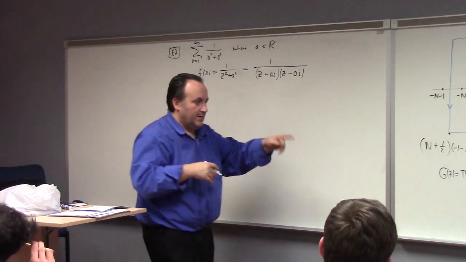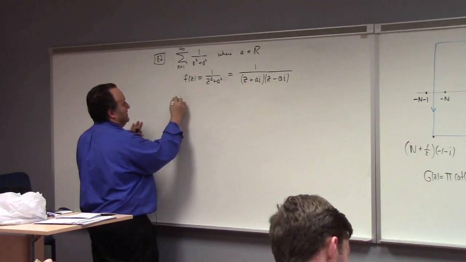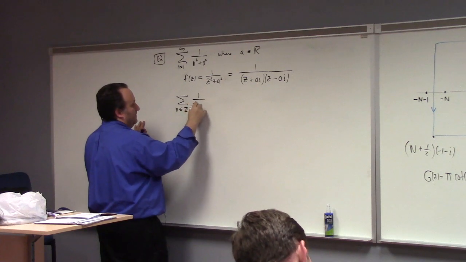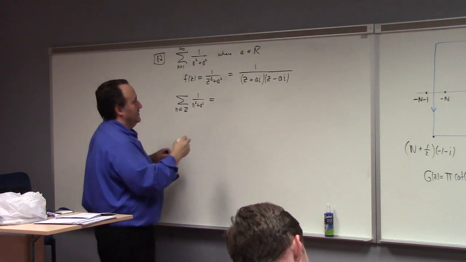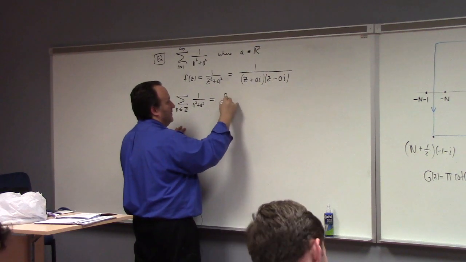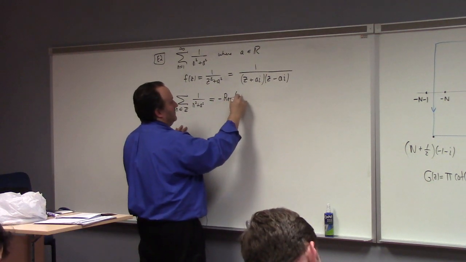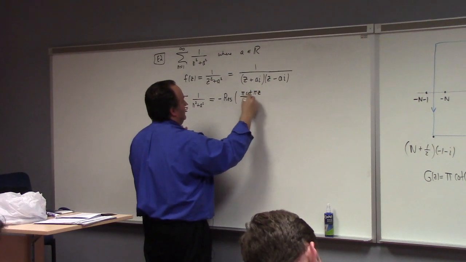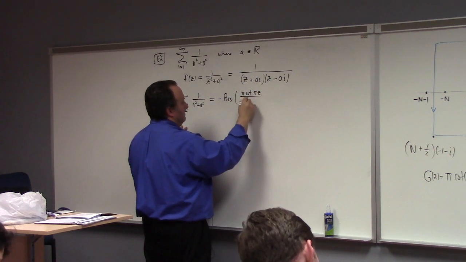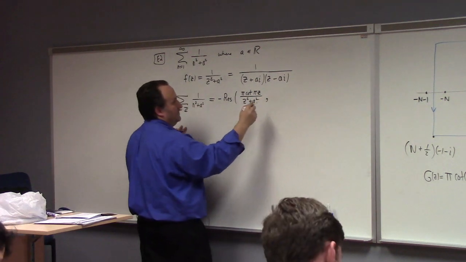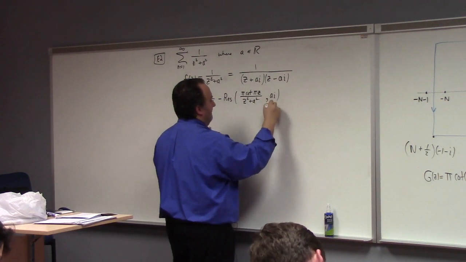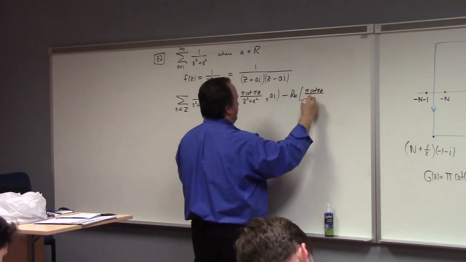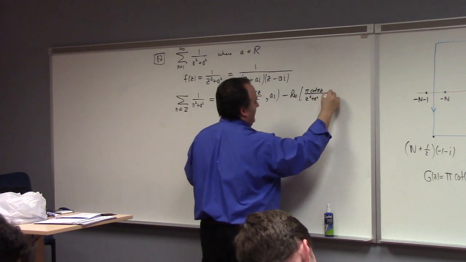So we can apply the theorem, and what we get then is the sum over n in the integers of 1 over n squared plus a squared is equal to, all right, so we need the residue, well, minus the residue of pi cotangent pi z over z squared plus a squared at ai, minus the residue of pi cotangent pi z over z squared plus a squared at minus ai.